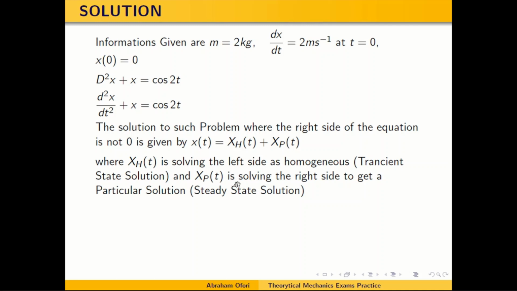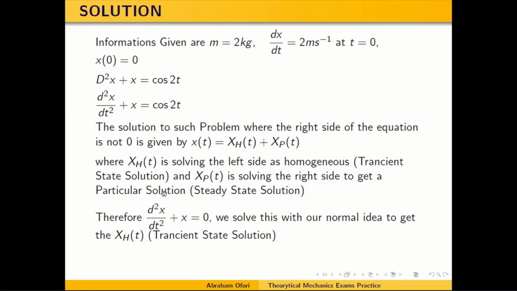So xp of t is solving the right side to get a particular solution. That's why we call it p. And xh is called the homogeneous solution. So solving the left side gives the transient state solution, and solving the right side gives the particular solution, or steady state solution. Sometimes they just ask you to solve for the steady state solution, and you can't use Laplace.